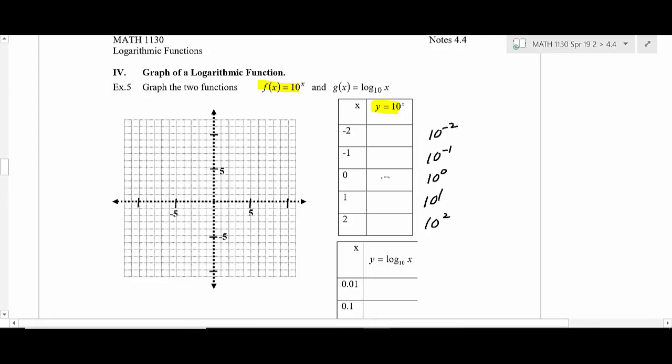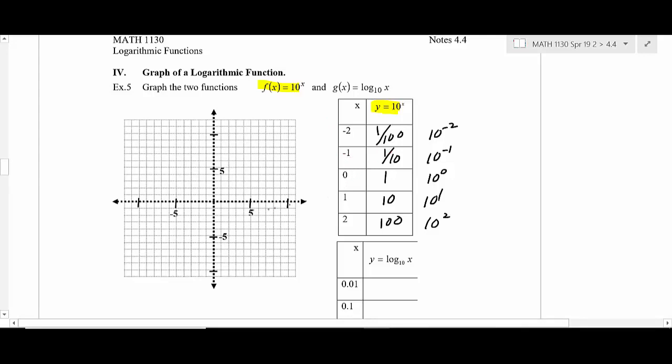So if you work this out, anything to the 0 is 1, anything to the first is itself, and then 10 to the second would be 100. And then what's 10 to the negative 1? That's 1 over 10, right? How about 10 to the negative 2? 1 over 100, okay? So let's just plot the points that'll fit on the graph.